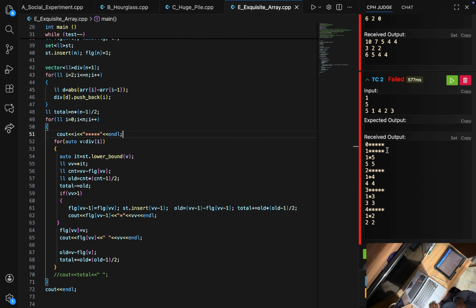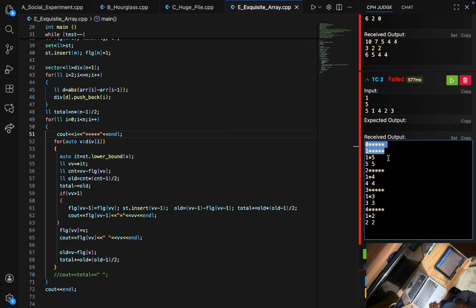For 2 it means difference of 3. Difference is 4, difference 3, difference 2, difference 1.